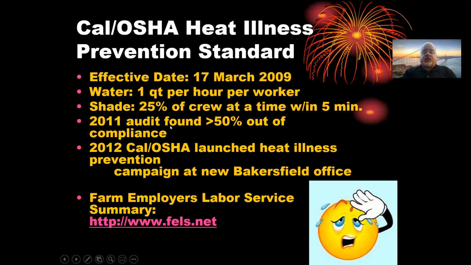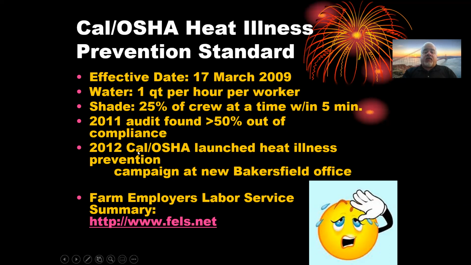In 2011, there was an audit performed that found, after a couple of years of this really strong promotion of heat illness prevention, over 50% of the companies audited in California were out of compliance with the law. They weren't providing enough shade, they weren't providing enough water, they weren't providing what was required under the law.